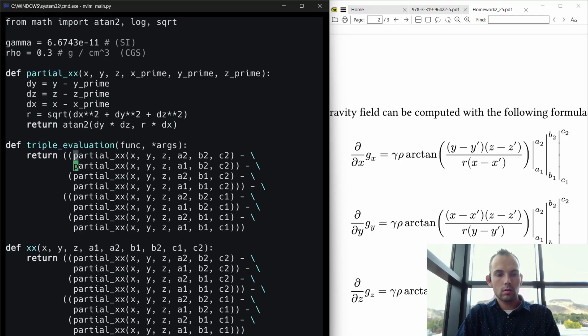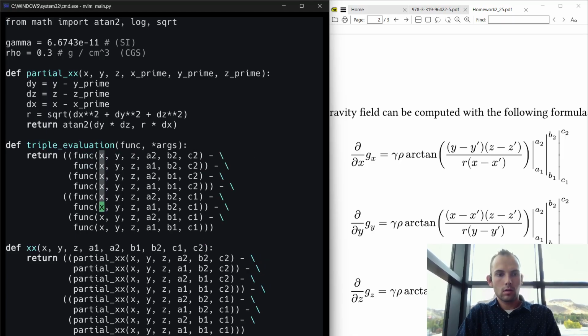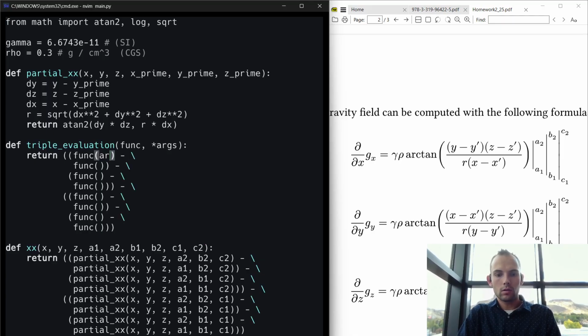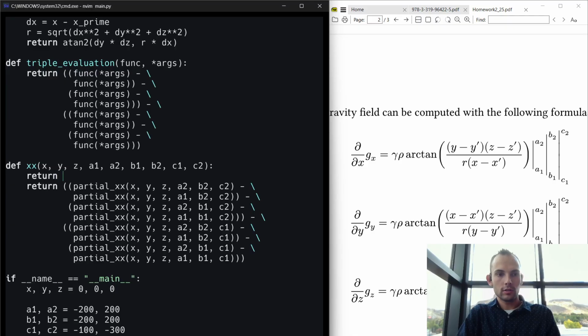Go back. Okay, and now we can do... I think this is the correct way to do this. Now we've just taken our triple evaluation and moved it into a function.